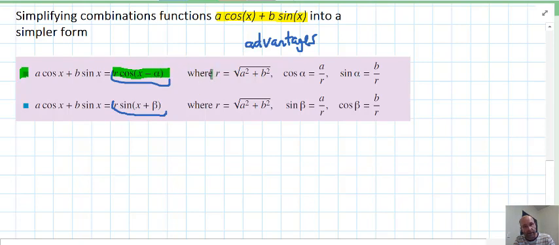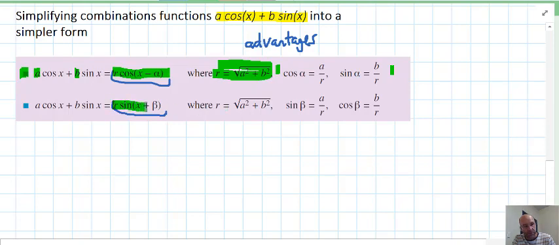Now r is defined as the square root of a squared plus b squared, and cos alpha is a over r, sine alpha is b over r.